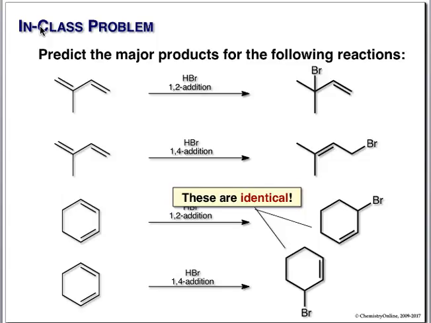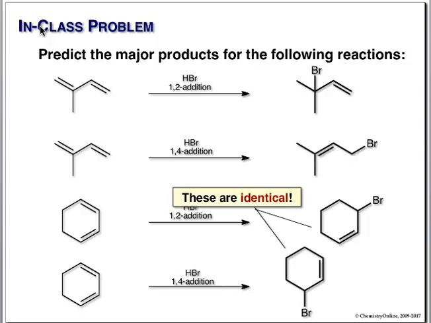Doesn't always work out that way, but this time it did. Any questions? On your exam, you will have some problems, I don't know how many, dealing with 1,2 and 1,4 additions to dienes. So make sure that you understand how you can delocalize the positive charge and add to either center. Any questions?